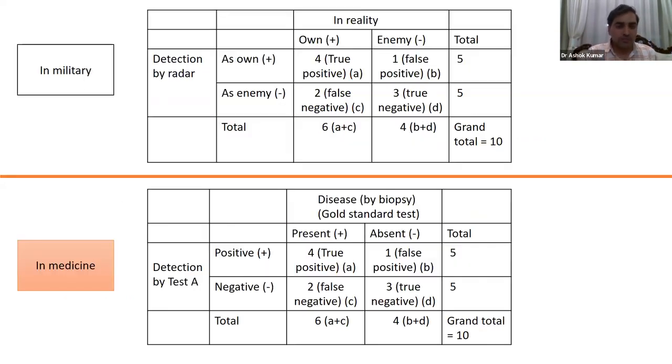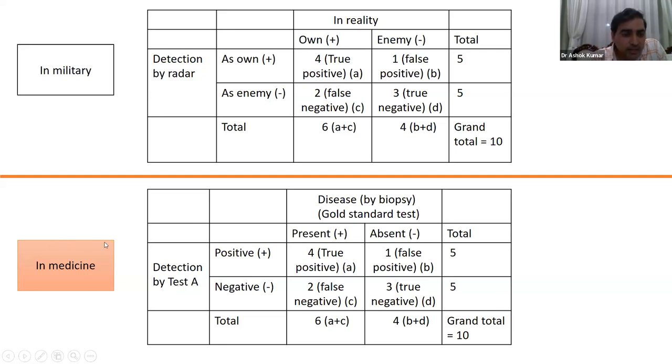Always remember this. In military and in medicine, we can compare this condition in military and this condition in medicine. So please look at this. Here, detection by radar is own aircraft or enemy aircraft, positive and negative.